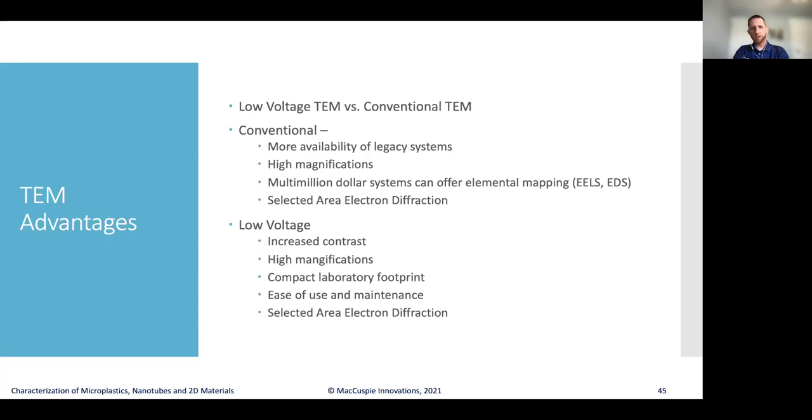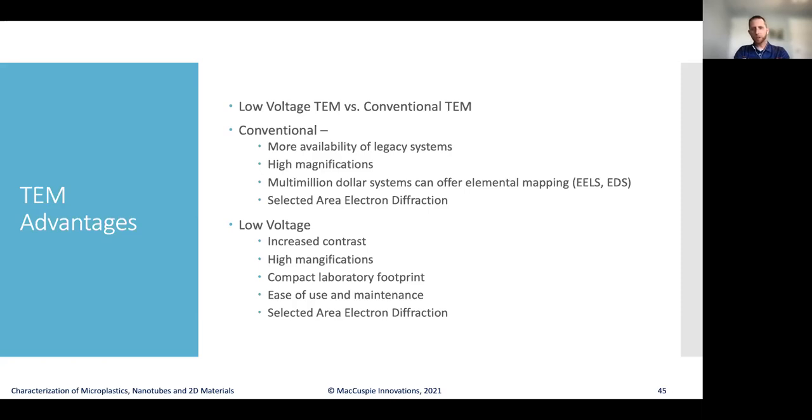Comparing their advantages, the conventional systems will have more availability of legacy systems. They can offer some higher magnifications, and some of the multi-million-dollar latest generation systems can also offer elemental mapping, such as EELS or EDS capabilities, and they can also do selected area electron diffraction.